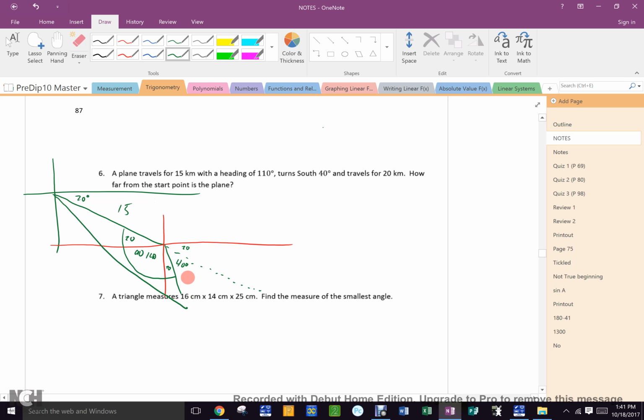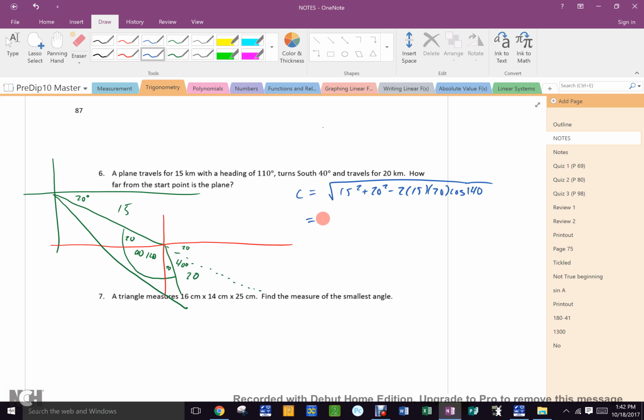And then I keep the 15, I keep the 20, and I do all that coleslaw I did, but instead of 110, what's my cos? 140. So C still equals the square root of 15 squared plus 20 squared minus 2 times 15 times 20 times cos 140. And I get an answer of... let's check.